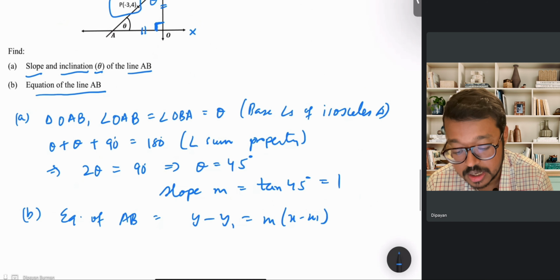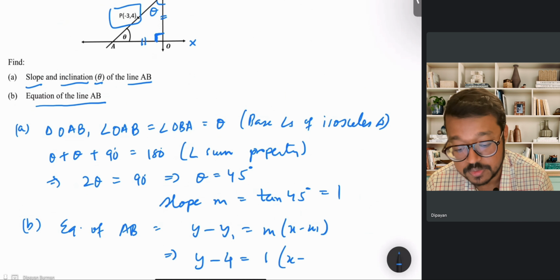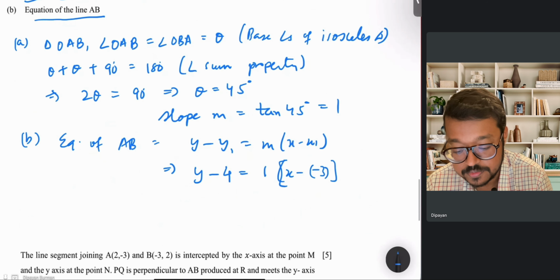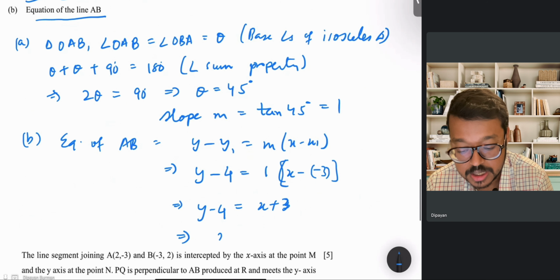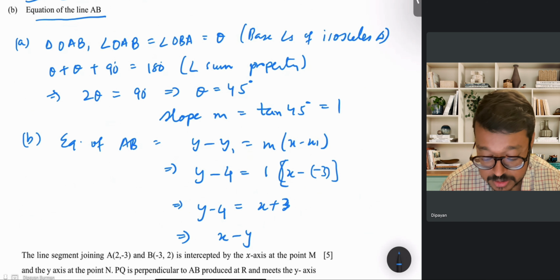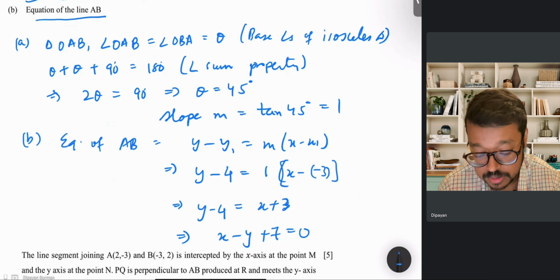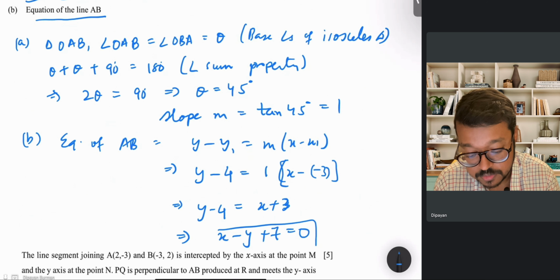If I use this point-slope form, y coordinate of point P is 4, slope m is 1, and the x coordinate is minus 3. So we will have y minus 4 equals x plus 3, and if I move the terms around, x minus y plus 3 plus 4, that is plus 7, will be equal to 0. So this is the required equation of the line.